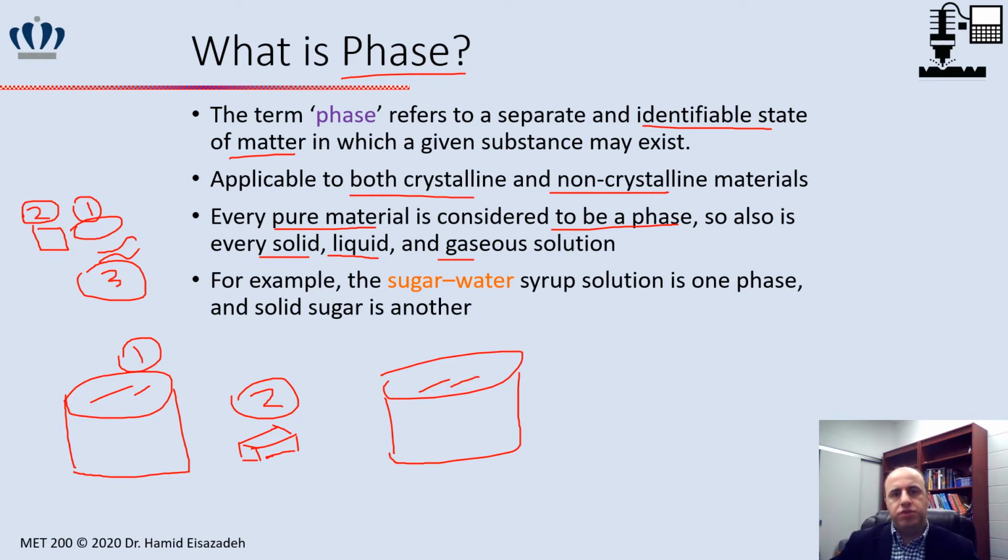The sugar should be an amount that is going to be dissolved completely. Then this mixture gives you a unique phase, and it's a solution, right? A unique phase which is called syrup. So in terms of composition this is new, and also in terms of phase, it is different from the water and the sugar.